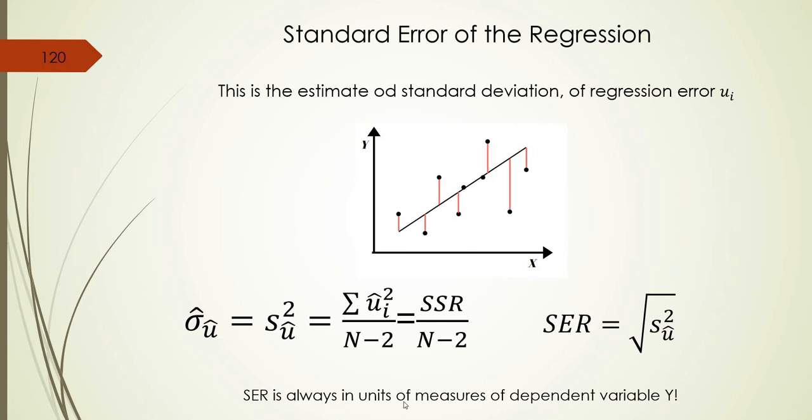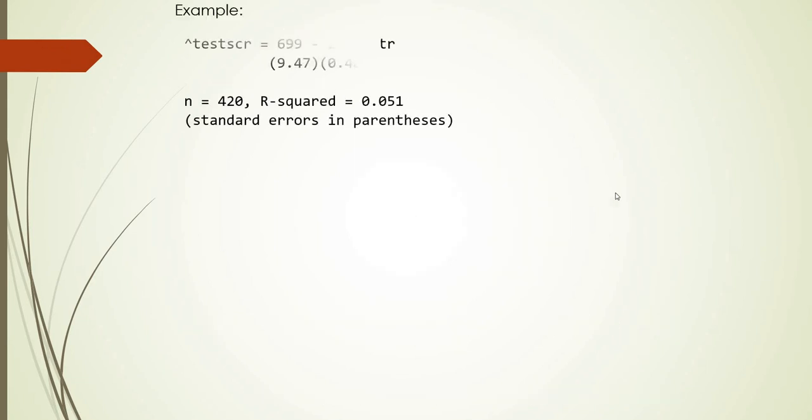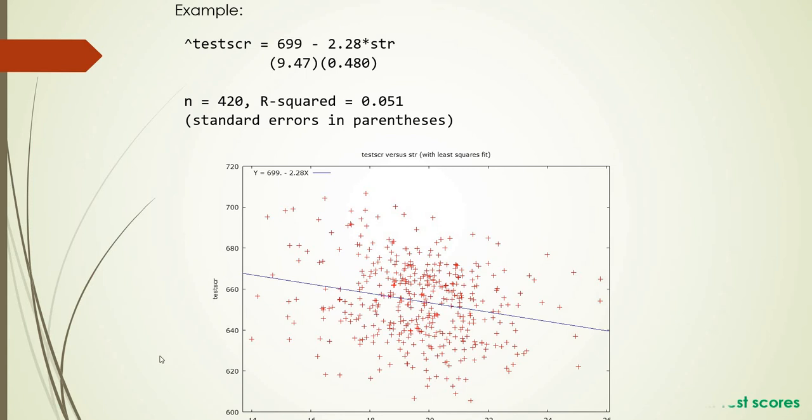It is always expressed in the units of measure of the dependent variable y. So in our case, with class size, it is expressed in test points. On average, we can say how far our original data are from our theoretical value. For example, you already saw the results.